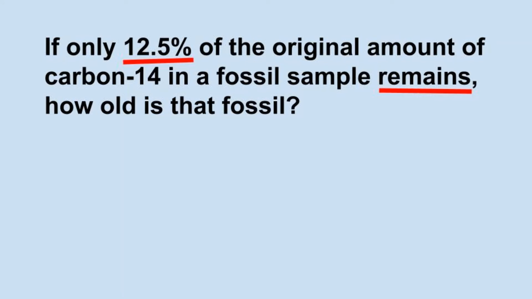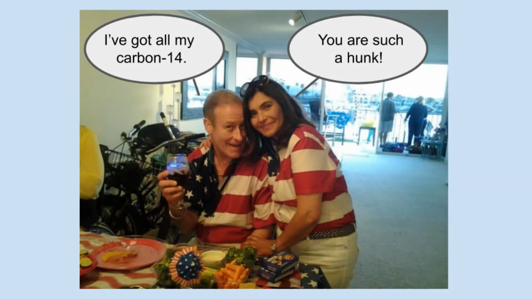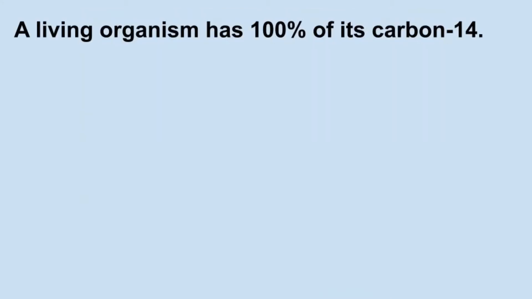Okay, here the only data you've been given is what percentage of carbon-14 remains, which is 12.5%. We know that a living organism has 100% of its carbon-14, then loses half of it every 5,730 years. So for this problem, we just need to do some backward calculating. A living organism has 100% of its carbon-14.